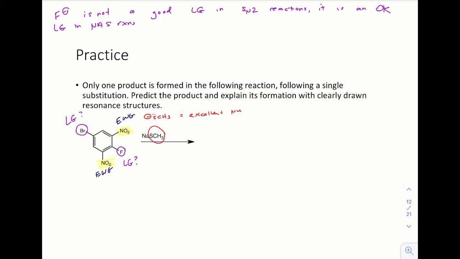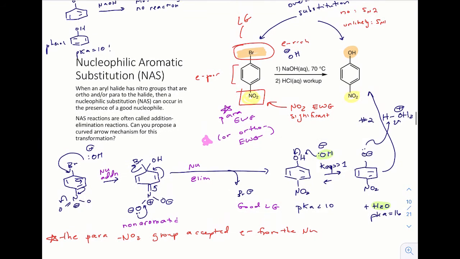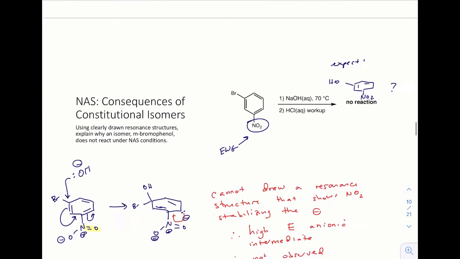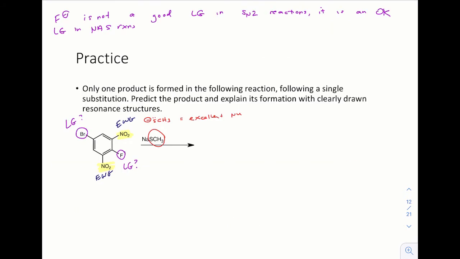Recall, however, that for the electron withdrawing groups to accept electron density in the anionic non-aromatic intermediate, they must be ortho or para to the leaving group. A meta-withdrawing group is not effective for accepting the electron charge in the non-aromatic anionic intermediate.